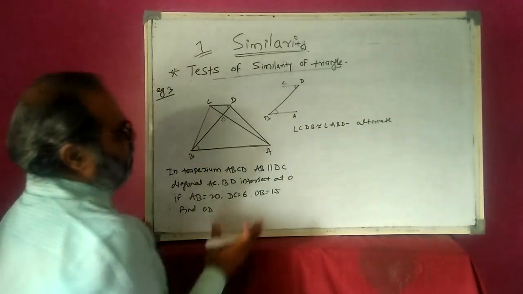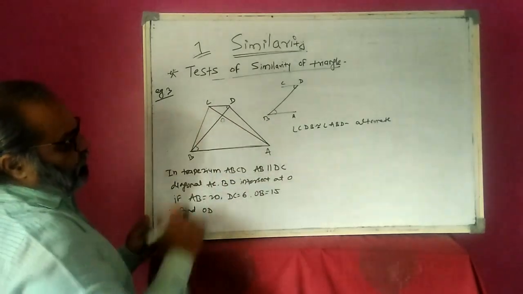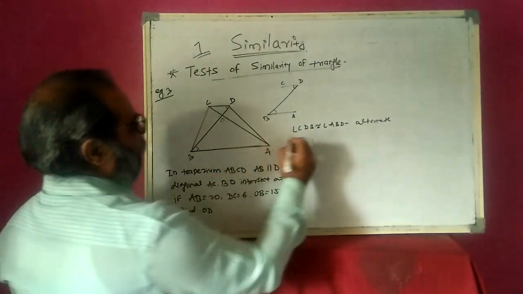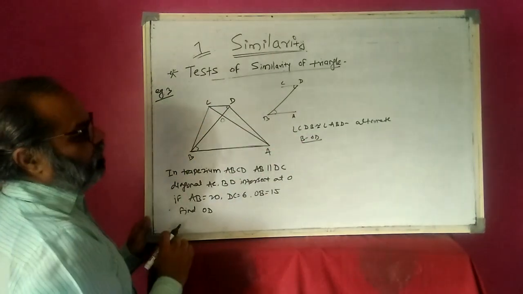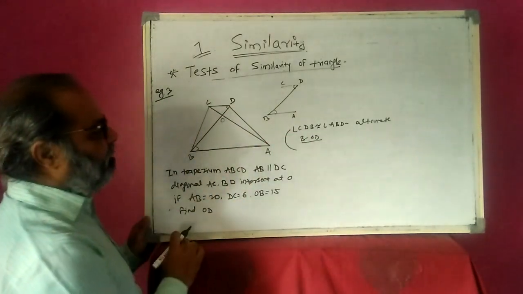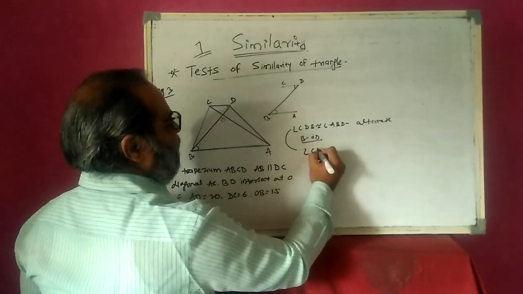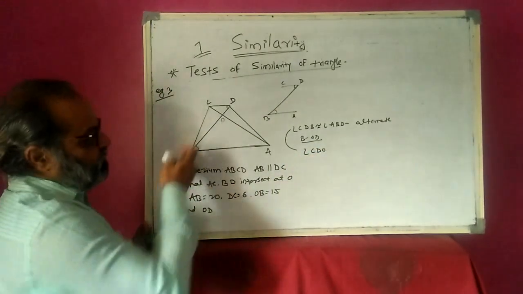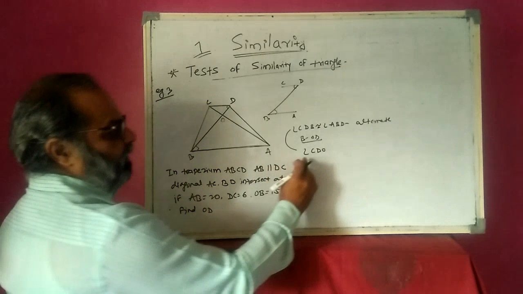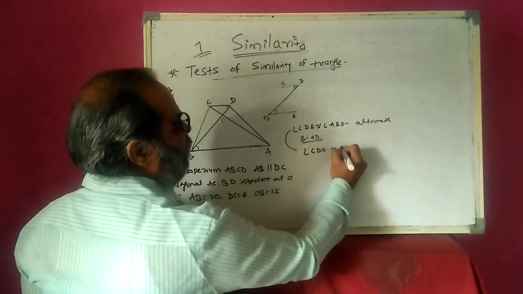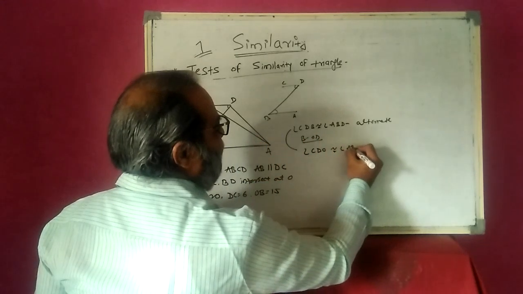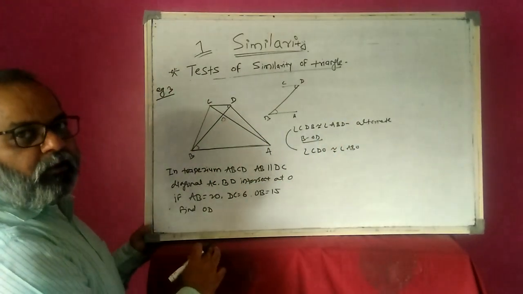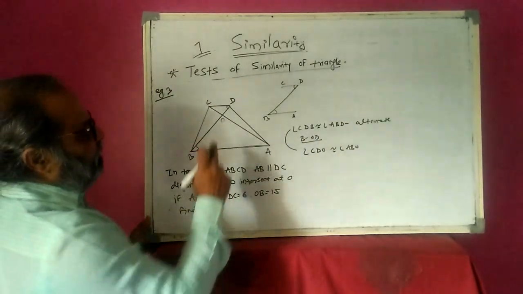Since B, O, D are collinear points, I write angle CDB as angle CDO. So angle CDO is congruent to angle ABO.